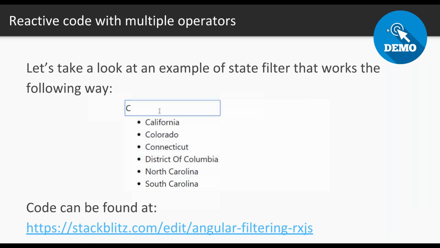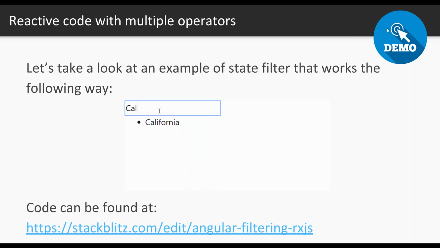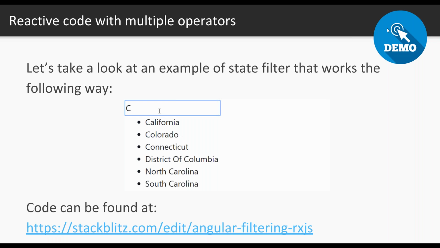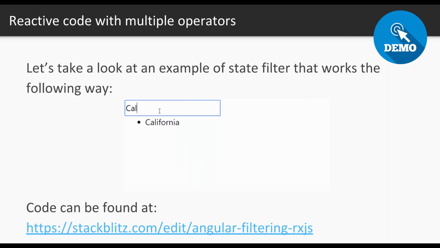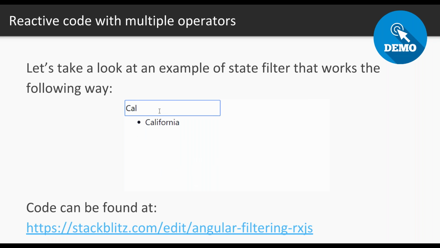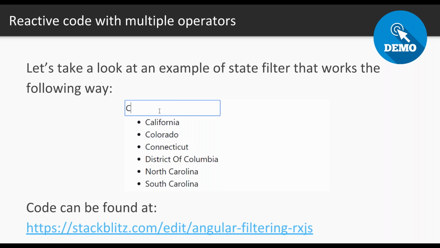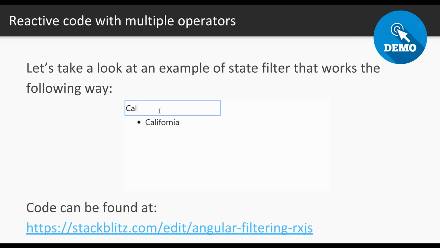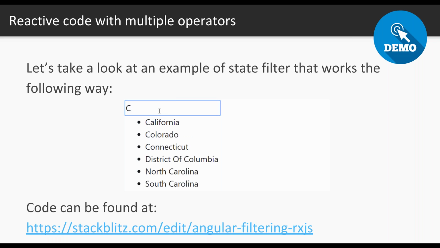So we saw a bunch of different use cases, different scenarios where we had some reactive code, we would subscribe to it, get the data, then apply some operators to make everything reactive. I'm going to get to the next step now and show something even more reactive, where we actually rely on both a data source and some user input to achieve the behavior that you can see on the screen right now.